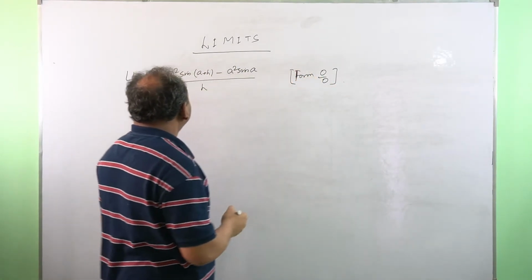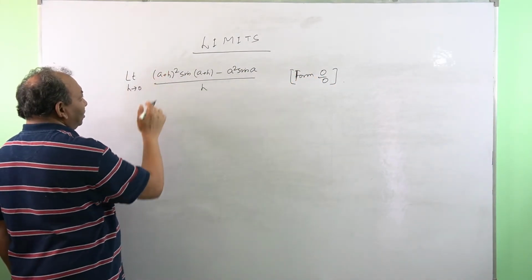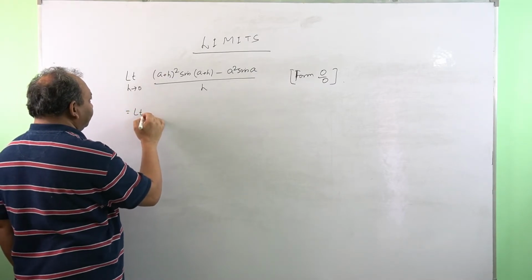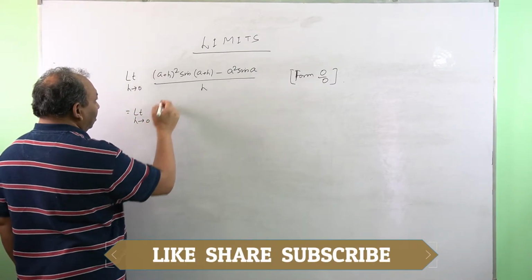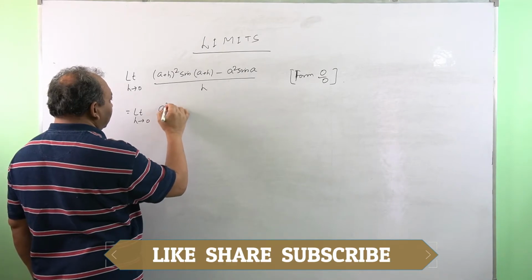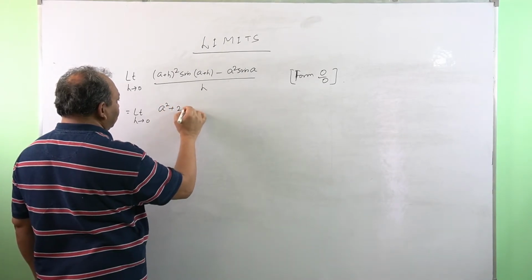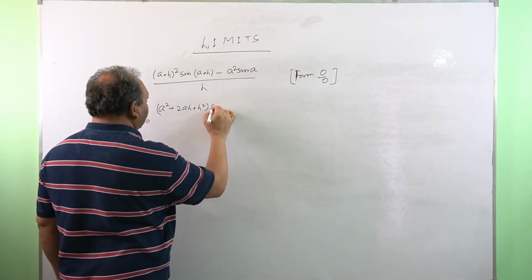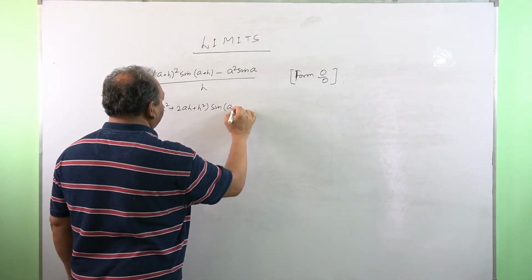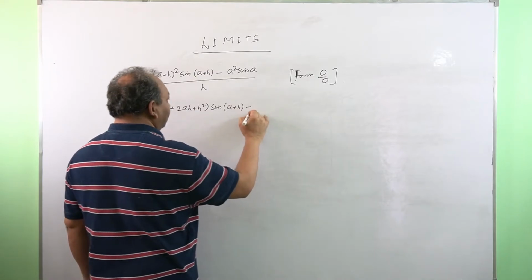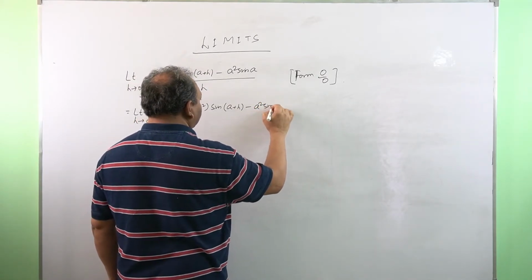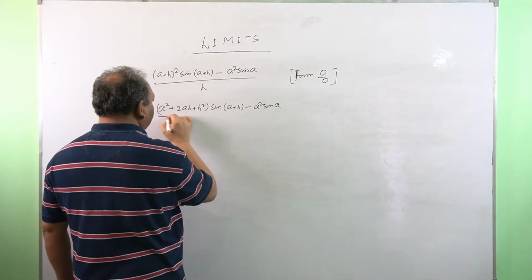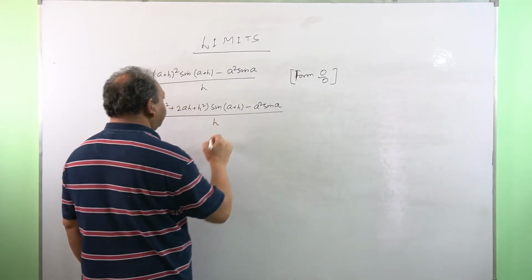Okay. Now expand (a + h)². So (a + h)² will be a² + 2ah + h² into sin(a + h), minus a² sin a, whole divided by h.